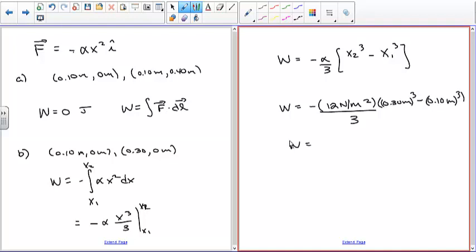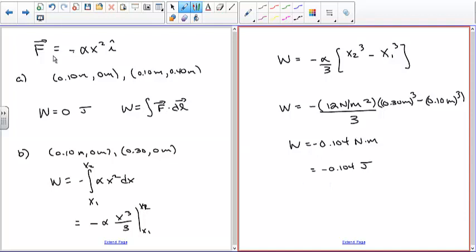So we get that the work is going to be a negative quantity. It's negative 12 divided by 3 times 0.3 cubed minus 0.1 cubed. So the work is equal to negative 0.104, and the units are newton meters, which are the same as a joule.